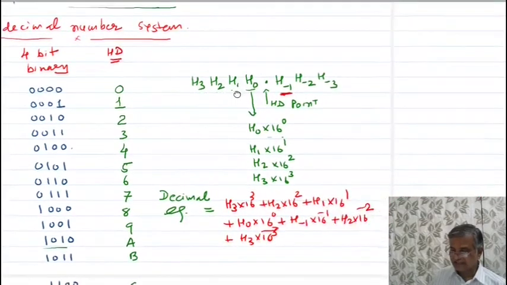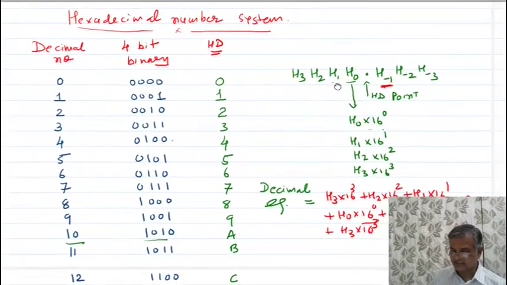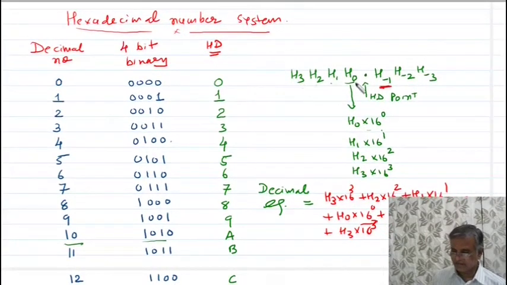For these hexadecimal numbers, to find the corresponding decimal number, I multiply by 16 raised to 0, 16 raised to 1, starting from the hexadecimal point towards the MSB side.